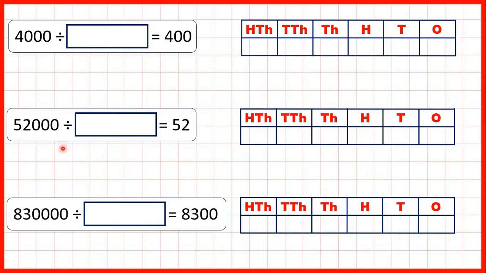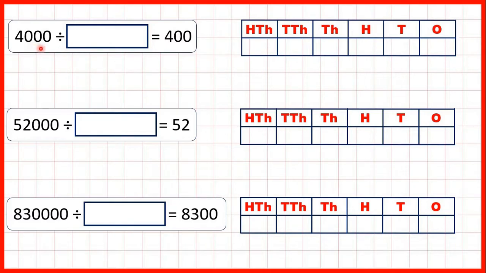For this question, we have 52 and 52. And for this question, we have 83 and 83. So the digits have stayed the same, but they've just moved to a different place value. And that means we must have divided by 10, 100 or 1,000.